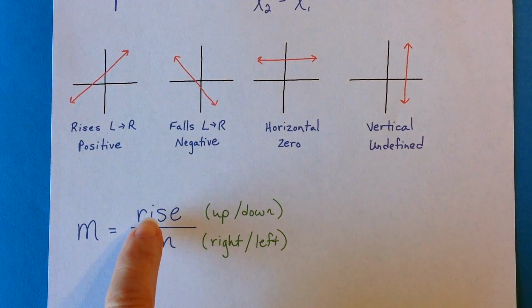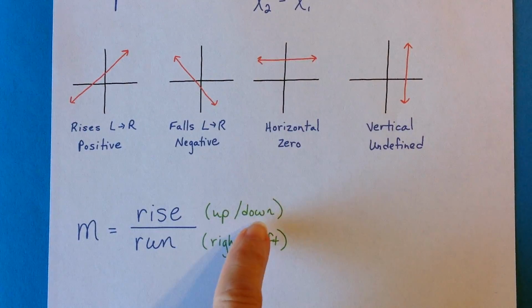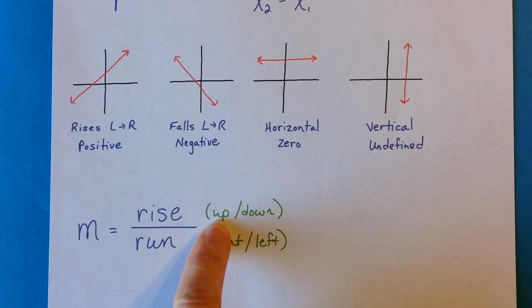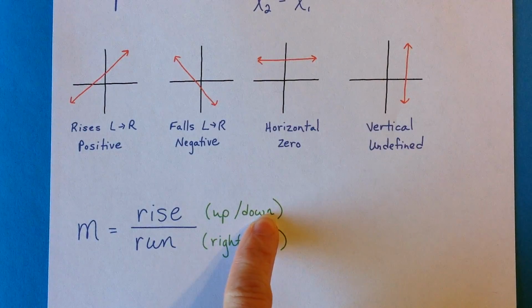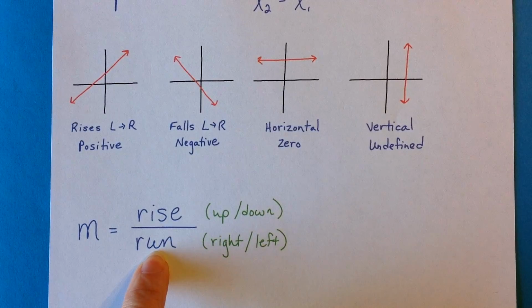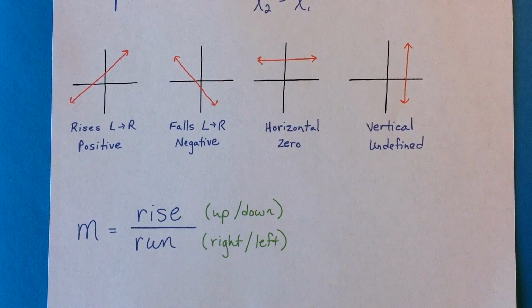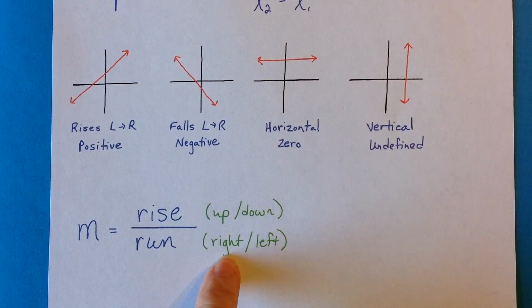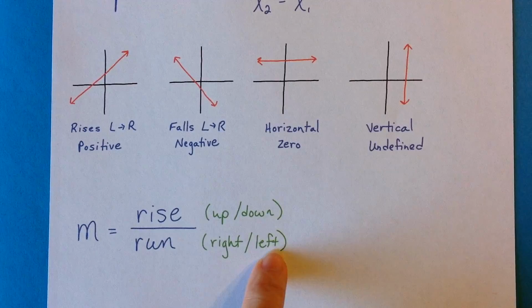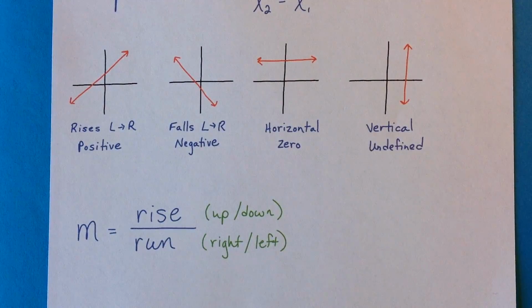So rise, your top number, is always your up or your down movement. Up would be if the number's positive, down would be if it's negative. Run is how much you need to move to the right or to the left to get from point to point. If your bottom number is positive, that would indicate shifting to the right. If your bottom number is negative, that would indicate shifting to the left.